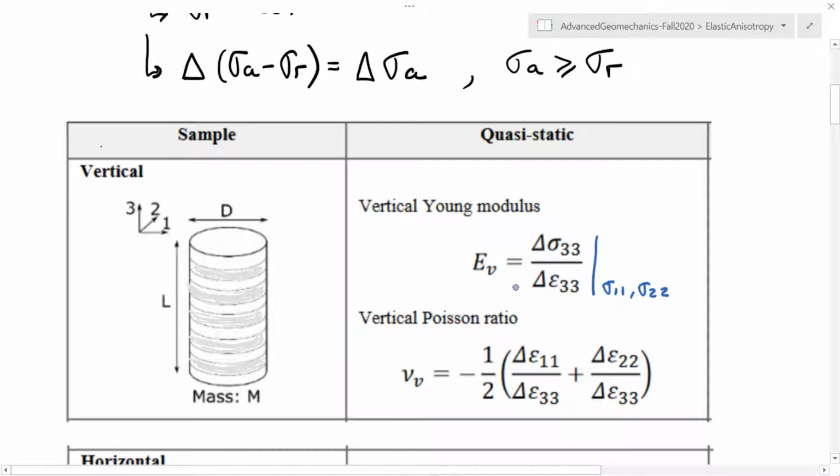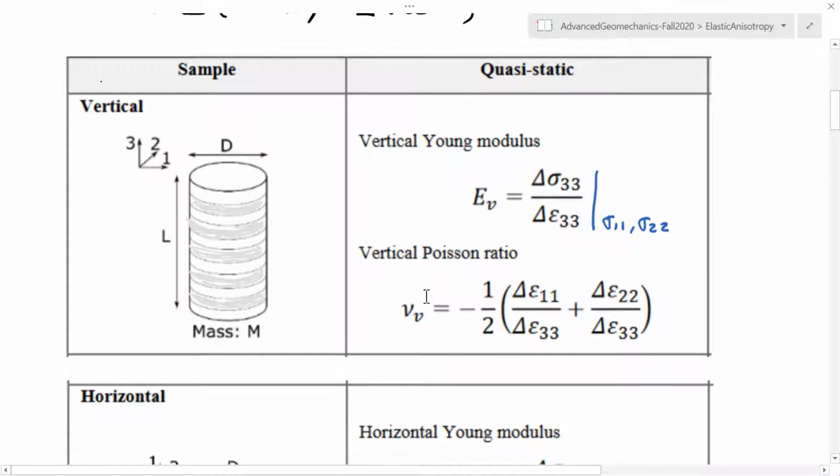This is very similar to what we did before in order to define the Young modulus, but now notice that there is a directionality. The vertical Young modulus is going to be perpendicular to these layers that usually in a sedimentary rock are going to be horizontal, and that's why it's called vertical. In addition to that, we can measure what is called the Poisson ratio for vertical planes.